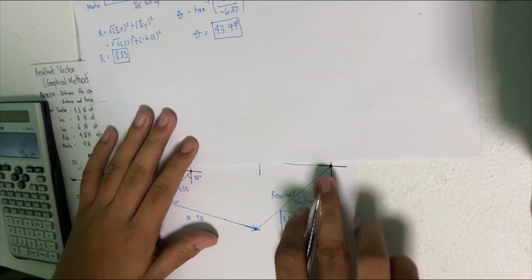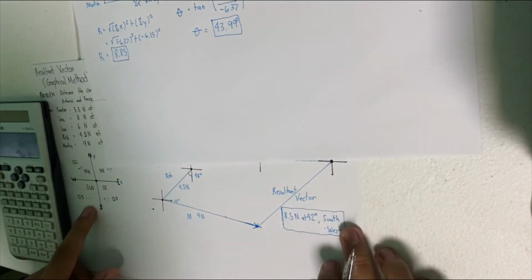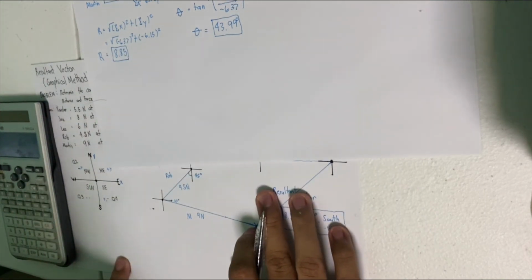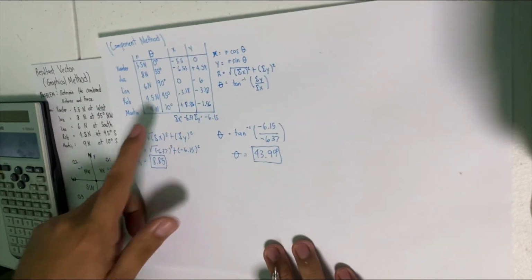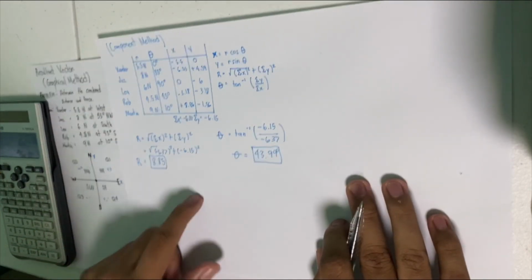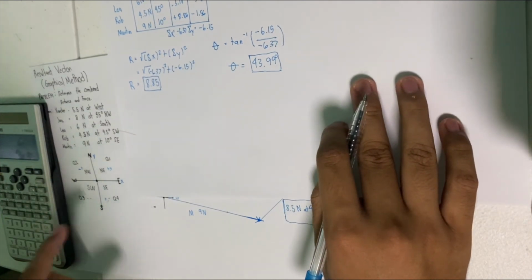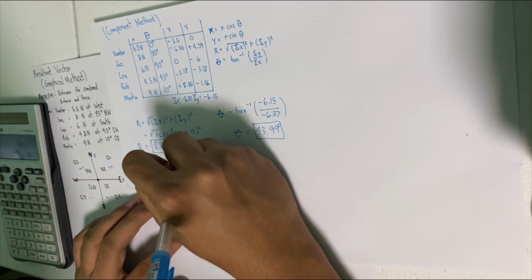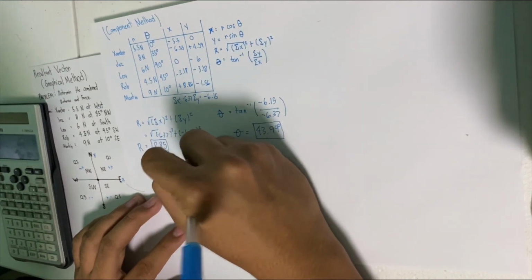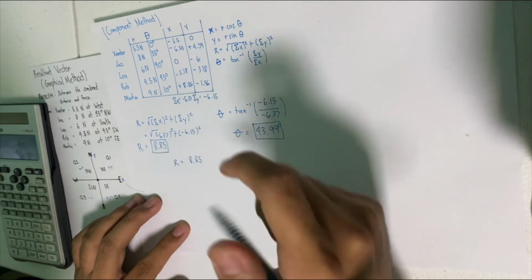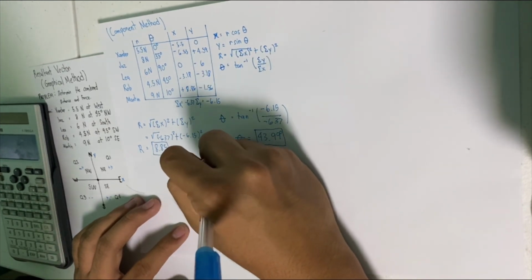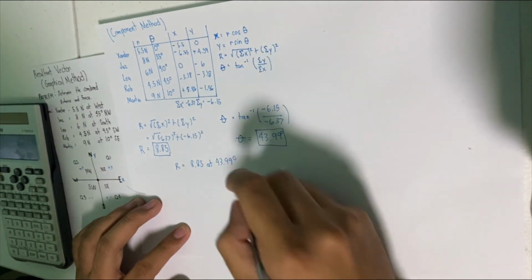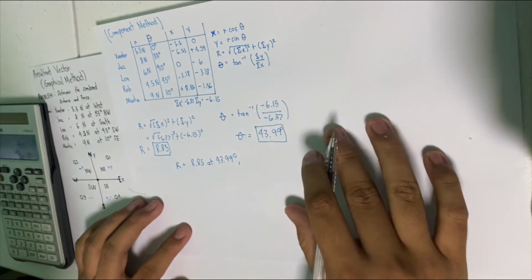It is in the southwest, where the negative is located. So your graph is accurate because in the component method, the location is southwest. So when we write it, R, the resultant vector, is equivalent to 8.85 at 43.99 degrees southwest.